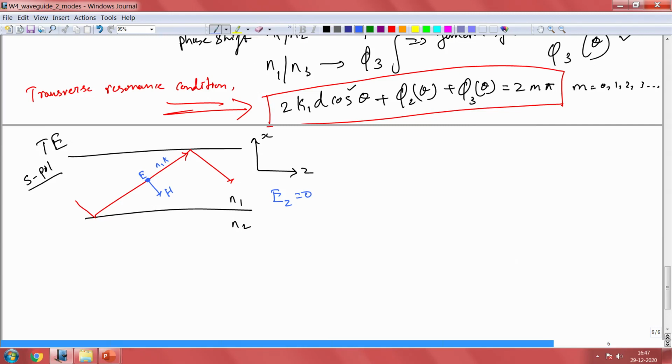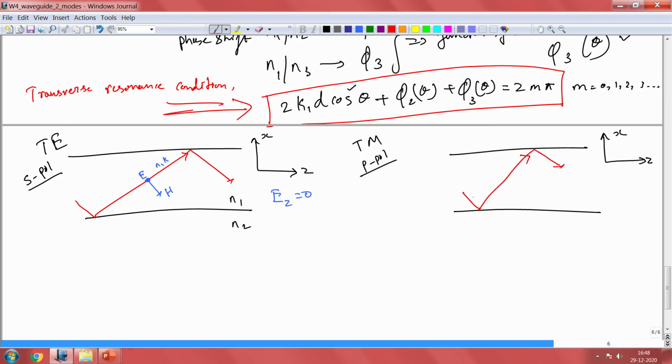So, let us look at TM polarized light, or p polarized light. In this case, we take the same geometry, with light propagating through it, and now your H field is along y, and your E field is perpendicular to the propagation direction.